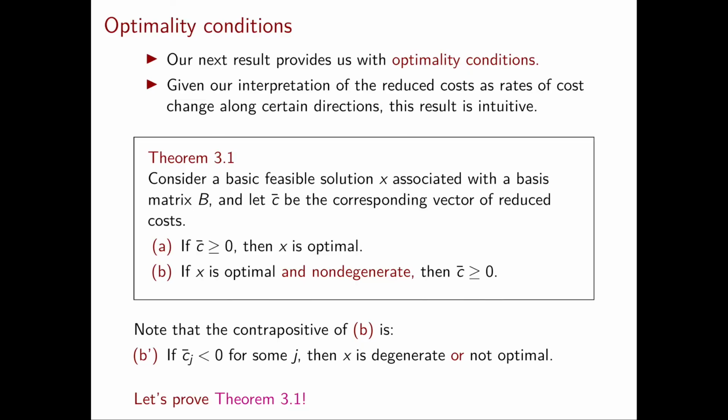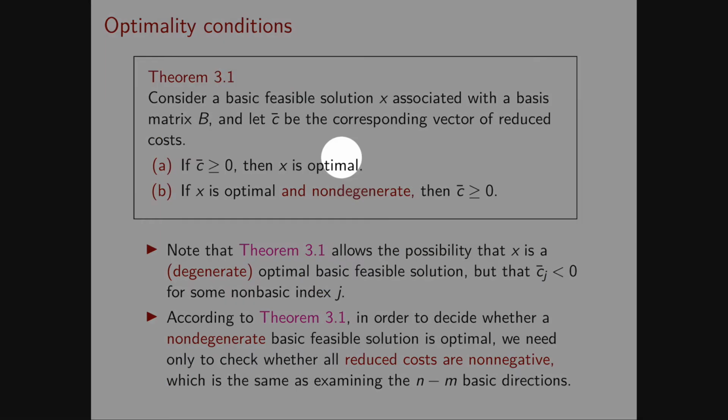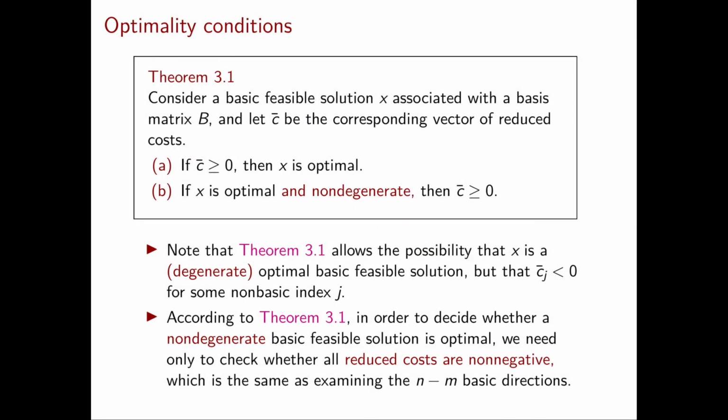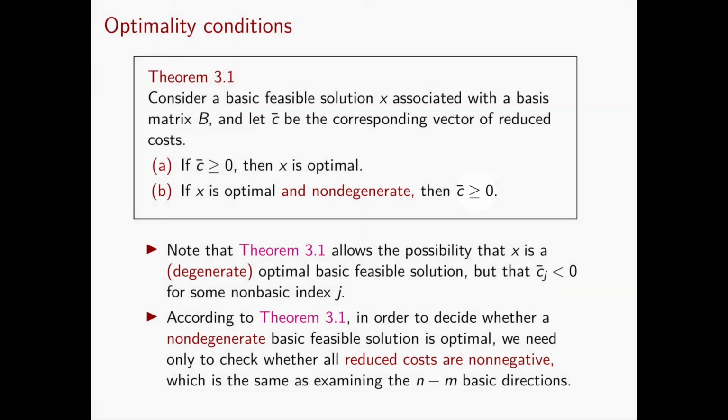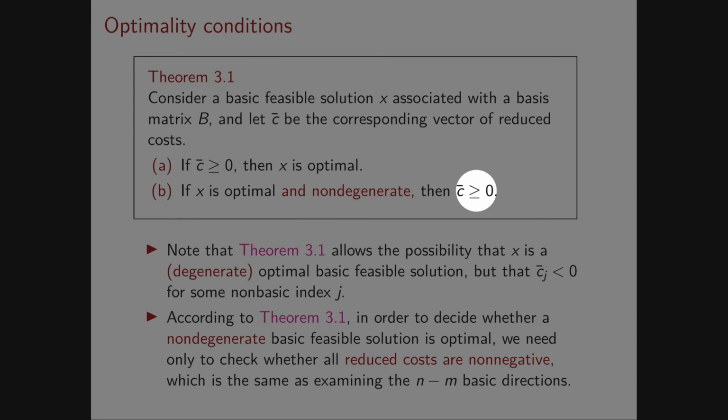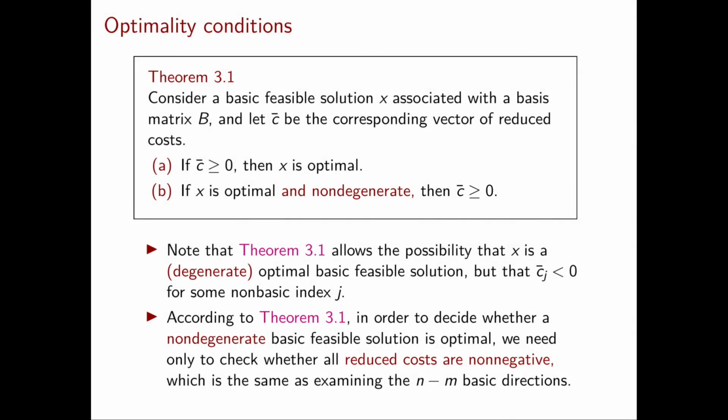Now that we have shown theorem 3.1, as promised, I want to discuss a little bit more the statement. So in this next slide, we have once again the statement of theorem 3.1, and I want to consider separately what can happen in the non-degenerate or in the degenerate case. The reason we don't have an if and only if in this theorem is that we could have an optimal solution with the c bar j strictly negative for some non-basic index j.